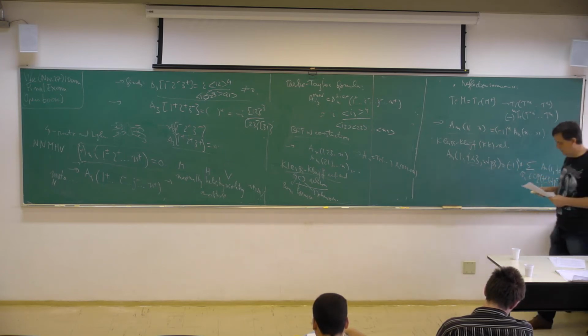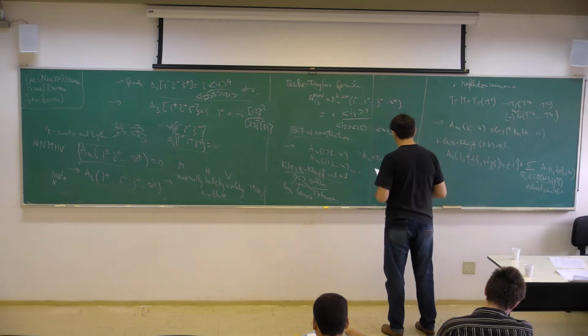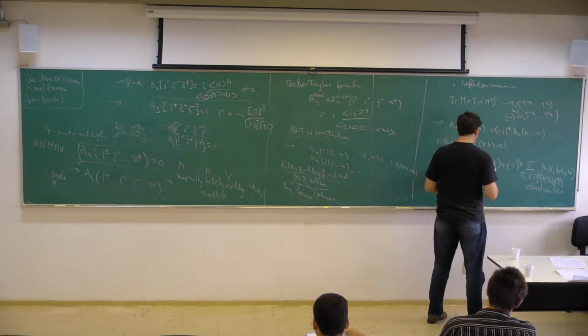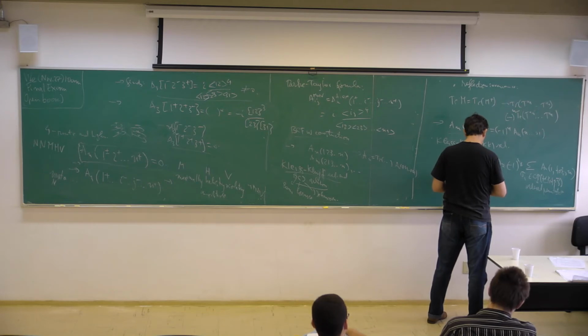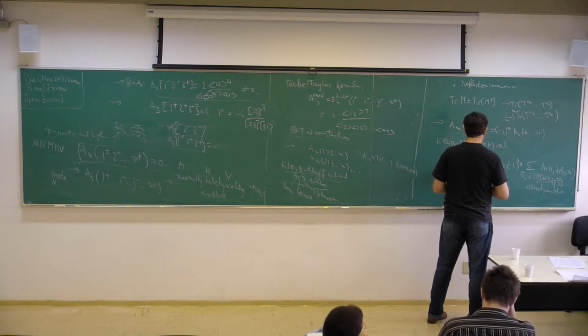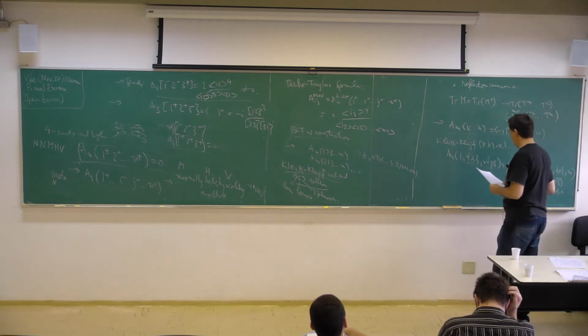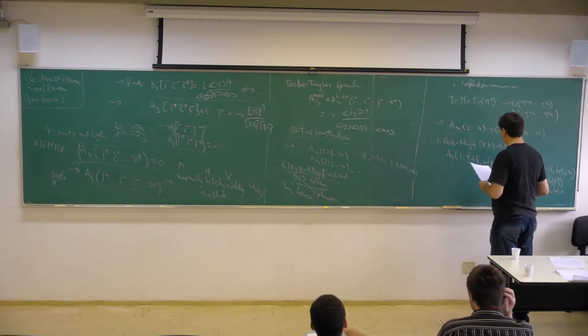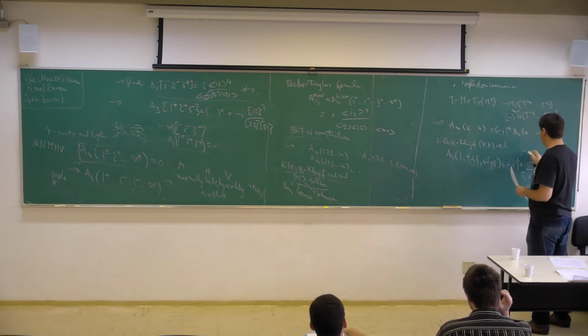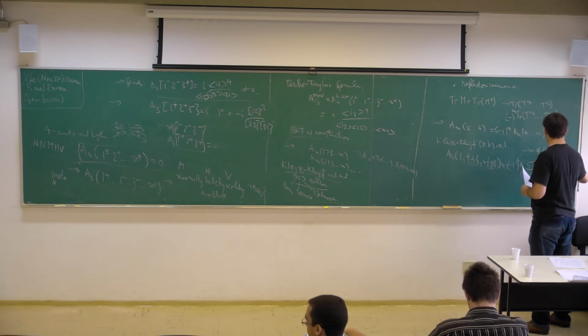And the sign is minus 1 to the number of labels in the set beta.